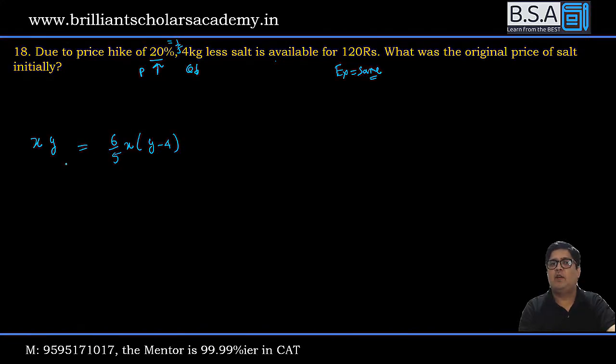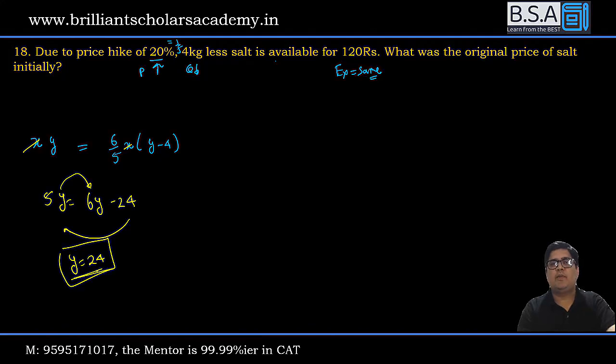They are both equal. Price into quantity, price into quantity. When you rearrange this, cross multiply, 5y, 6y, 24, transfer this, y is equal to 24.